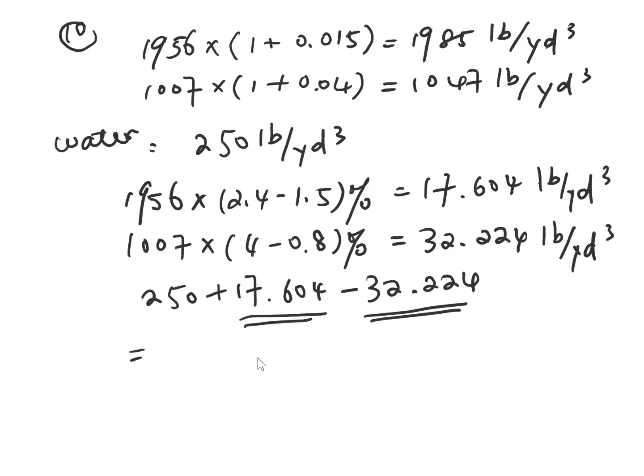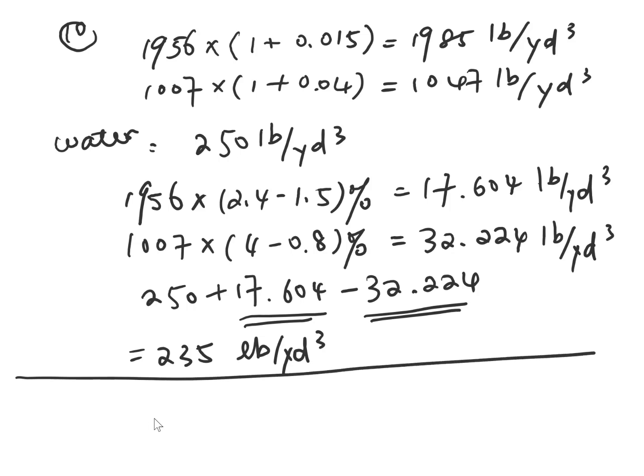So the actual amount of water should be 235 pound per cubic yard of concrete. Okay, so then we finished this problem.